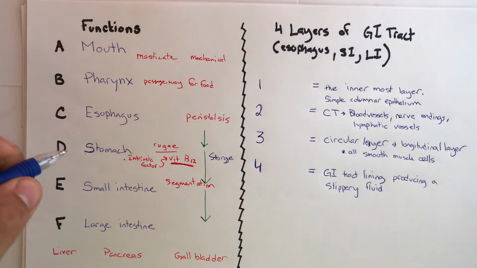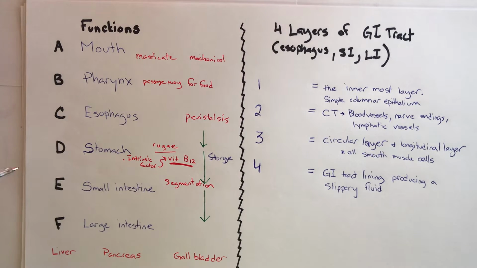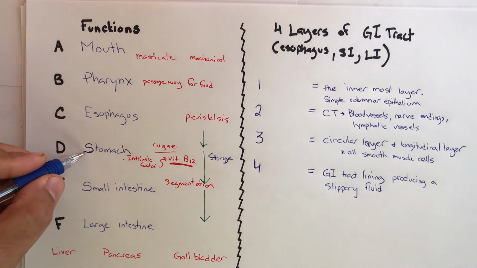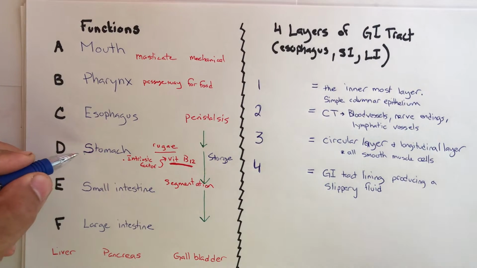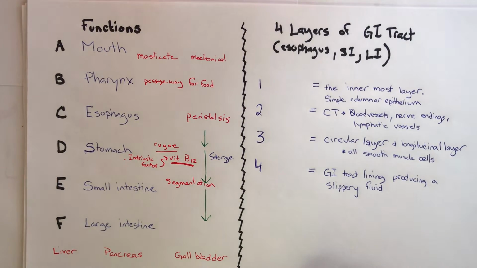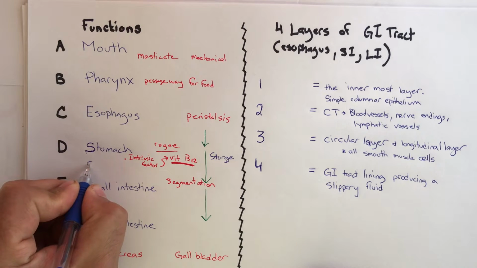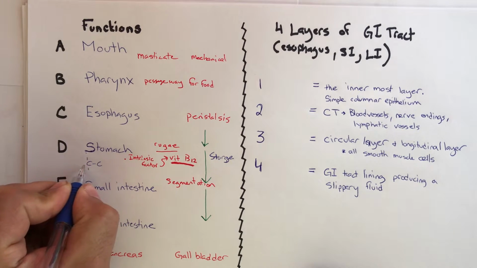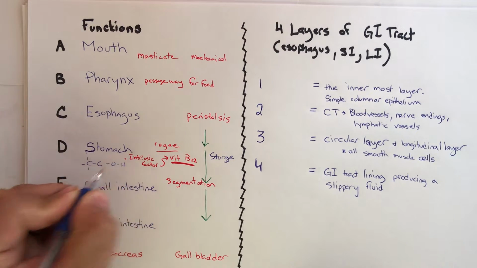For example, alcohol. Twenty percent of the alcohol that you consume gets absorbed right into the bloodstream right from the stomach. That's why people can get intoxicated so fast, because the alcohol is small enough for it to be absorbed.